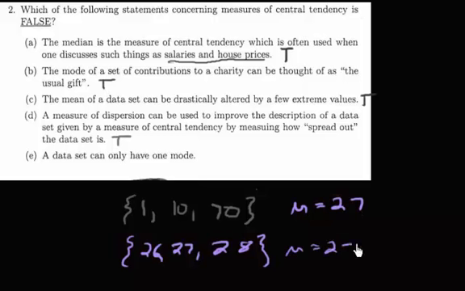Okay, but they look nothing alike, right? So the measure of dispersion would actually talk about how spread out your two sets are, either from the mean or from the median, depending on which one you're trying to use. All right, so a measure of dispersion will help improve the description of your data set. So D is true.